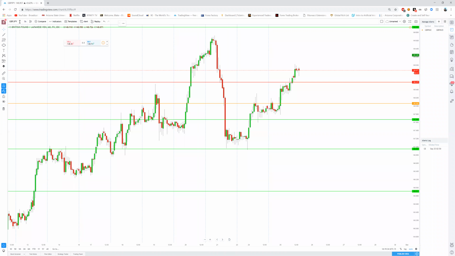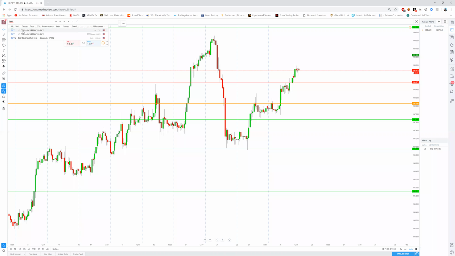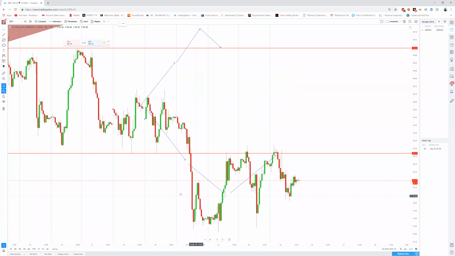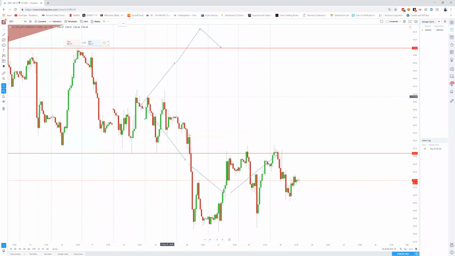So yeah, let's go ahead and go on the DXY really quick. And then we can look at the Fibonaccis with DXY using the magnetic tool. So this is what we did in the last session. We marked this up. We want to see price retest the same level.